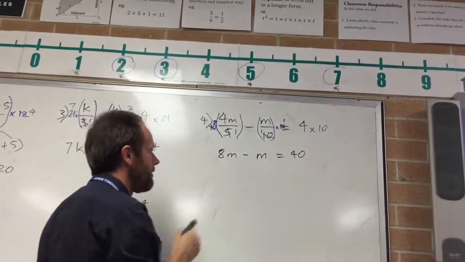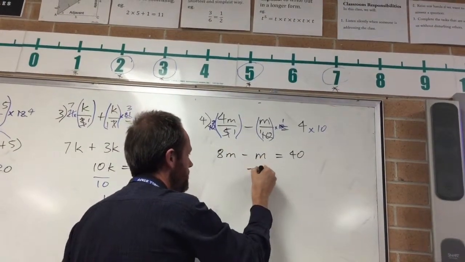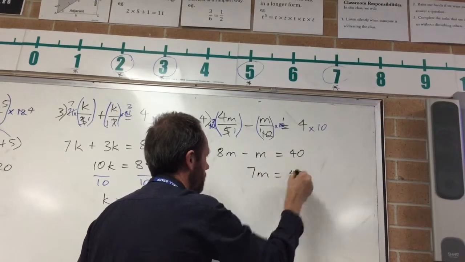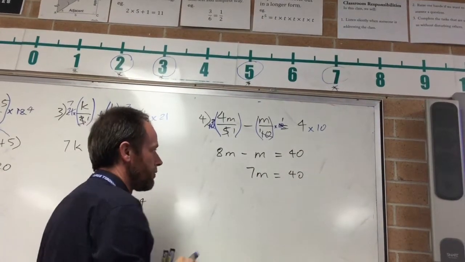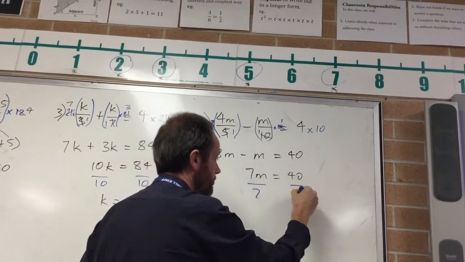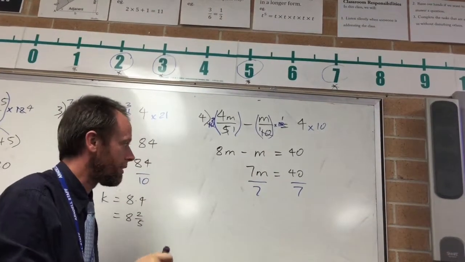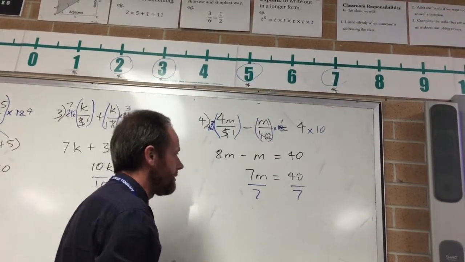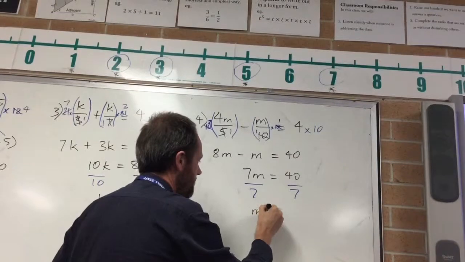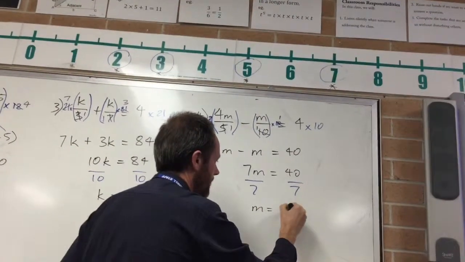I then simplify this side. 8m minus m is 7m is equal to 40. Of course, I divide by 7, both sides, keep it balanced. And then I'll end up with m is equal to 40/7.